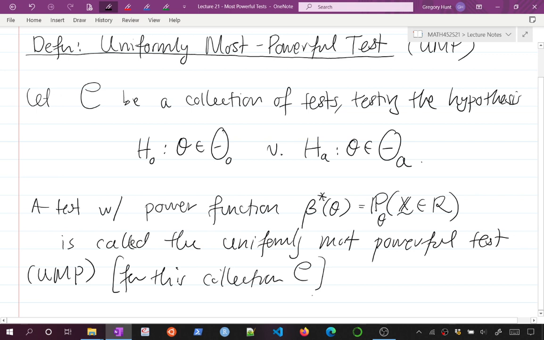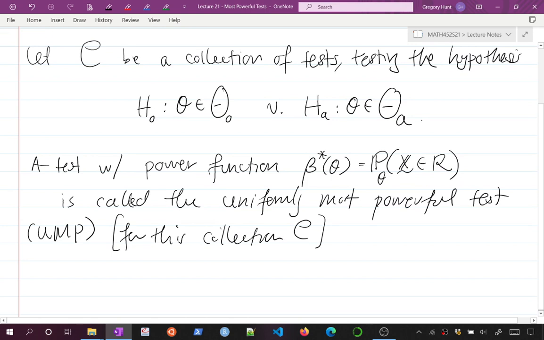And we'll talk a little bit about why I'm specifying for a collection.